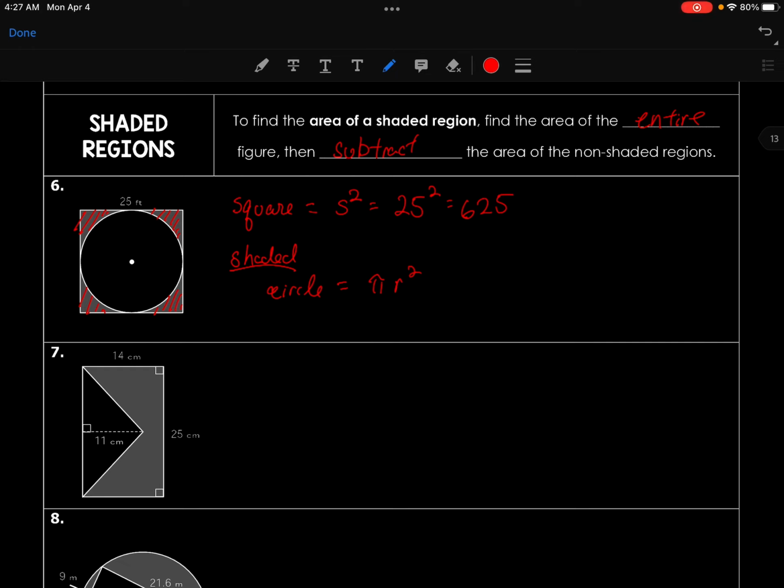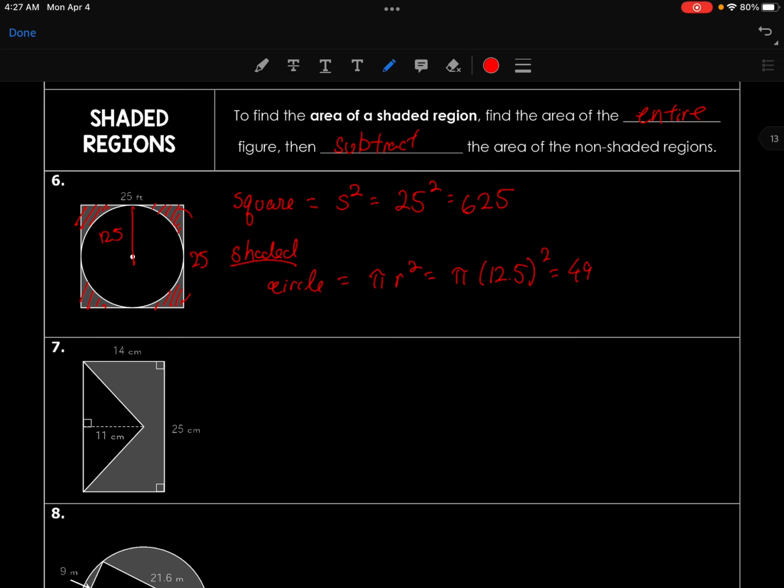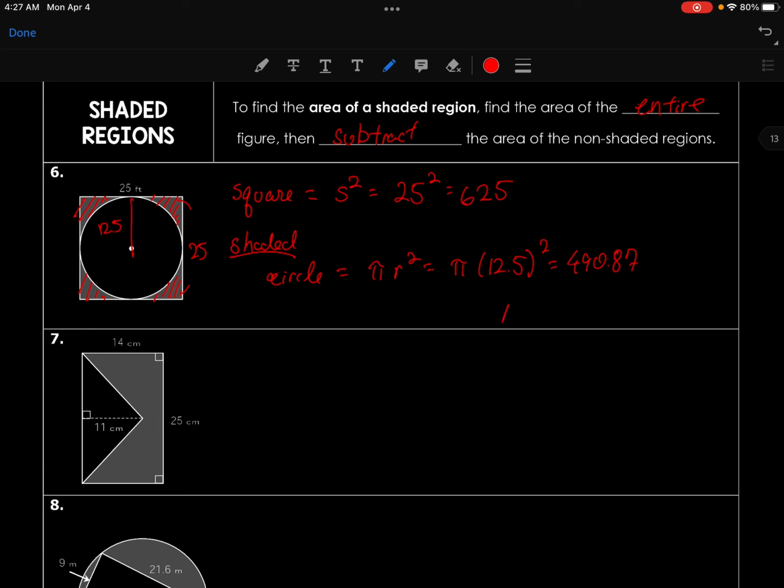Well, the radius just happens to be half the side of a square. So it's going to be 12.5. So the area of a circle is pi times 12.5 squared, which will give you around 490.87. Therefore, the area of the shaded region is equal to 625 minus 490.87. Shouldn't be that difficult.